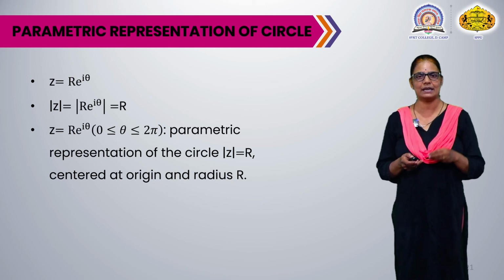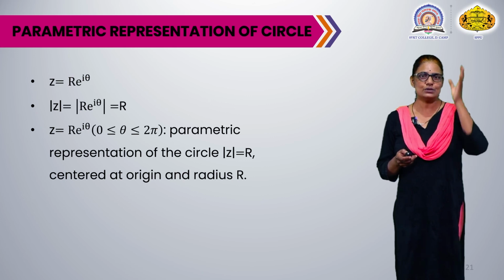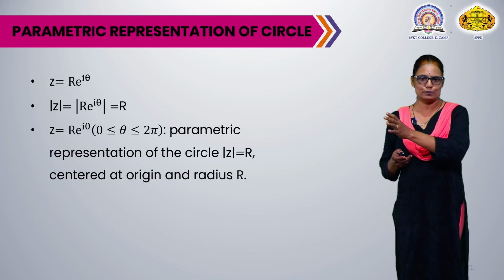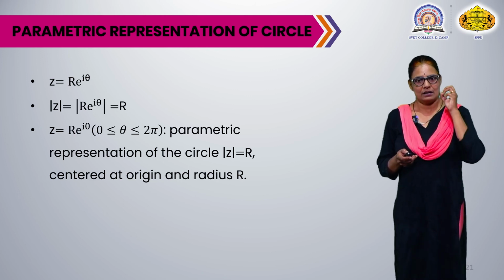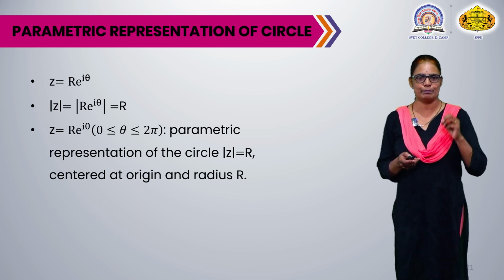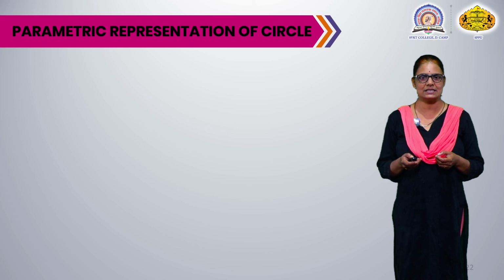So this is a parametric equation, z equals capital R e raised to i theta, where theta is between 0 and 2 pi, representing a circle with center 0, 0 and radius R. It is called the parametric equation of this circle. So let us generalize this concept.